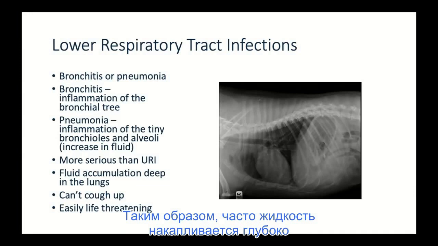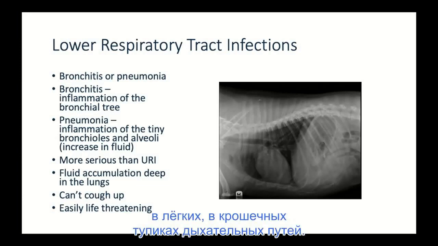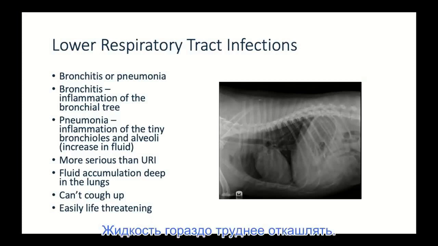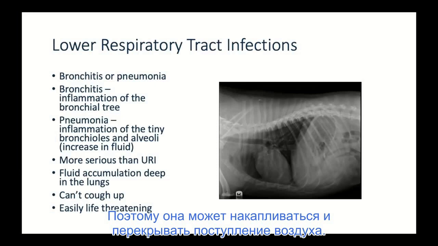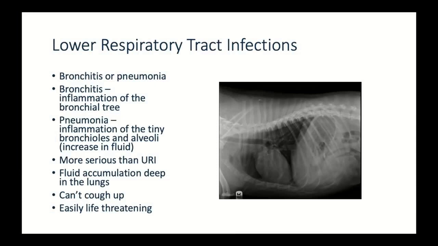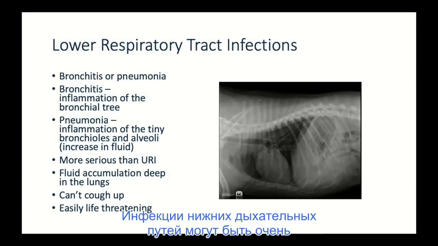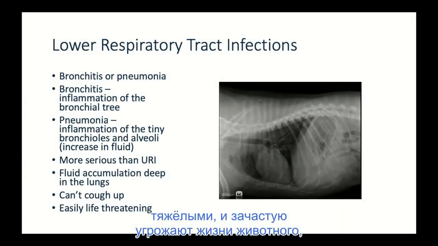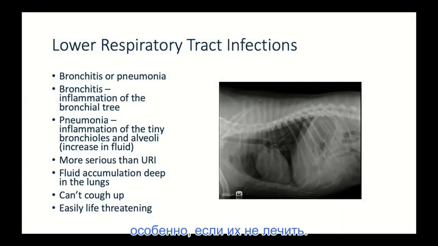So these inflammatory fluids tend to accumulate deep in the lungs in the small, dead-end little air passageways. The fluids are more difficult to cough up, and so they can actually accumulate and obstruct airflow altogether. Lower respiratory tract infections can be very, very serious and often life-threatening, especially if they're not treated.